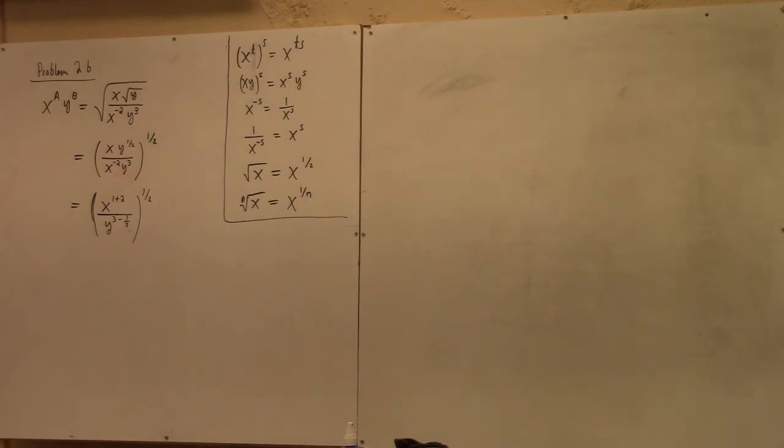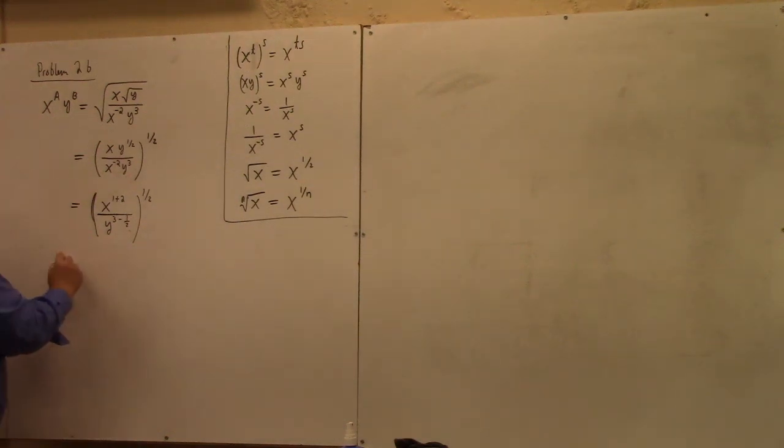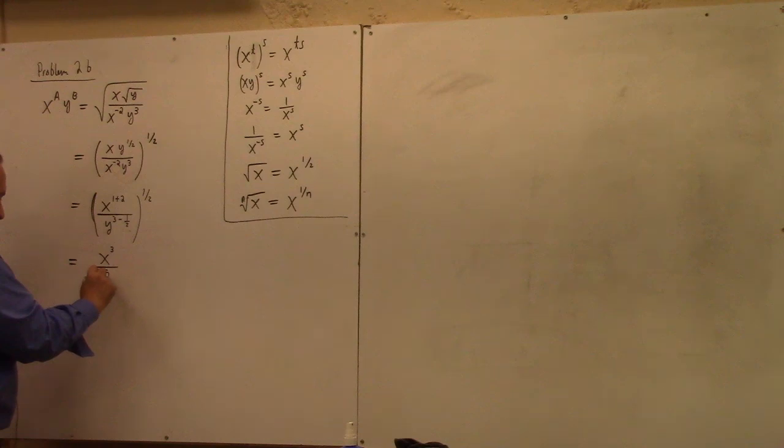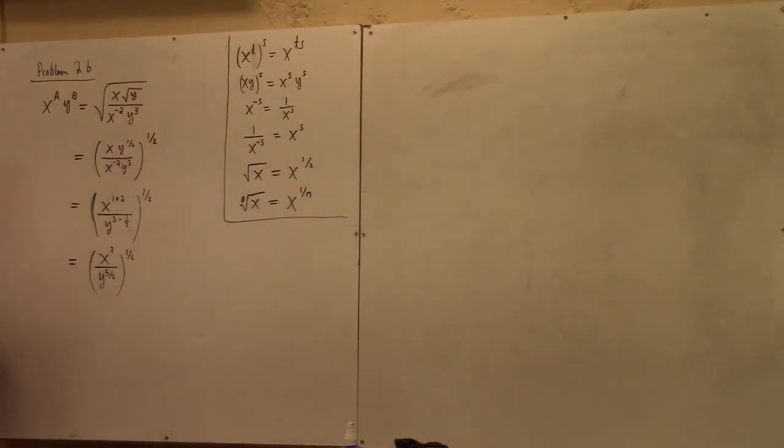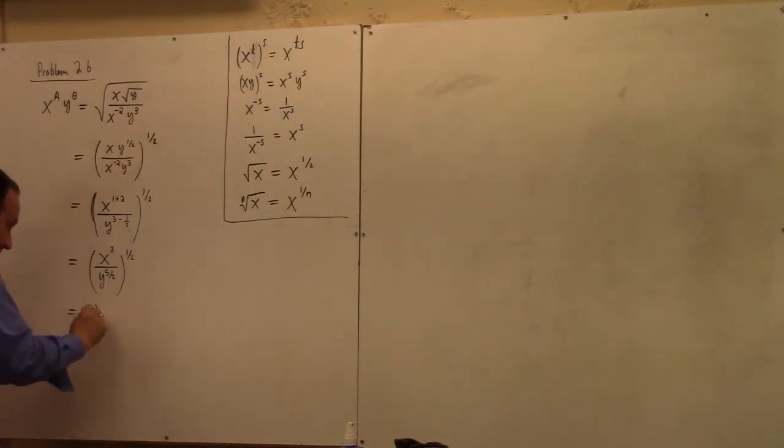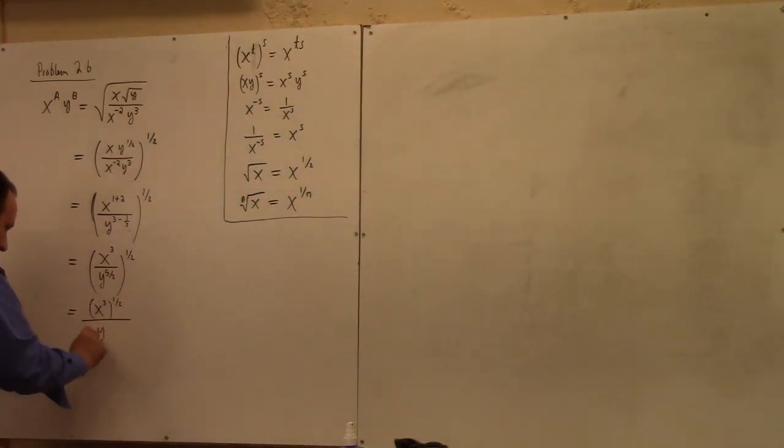That's 6 halves minus 1 half, which is 5 halves, right? So we've got x cubed over y to the 5 halves, all to the 1 half. And then we can write that as x to the 3 to the 1 half over y to the 5 halves raised to the 1 half.